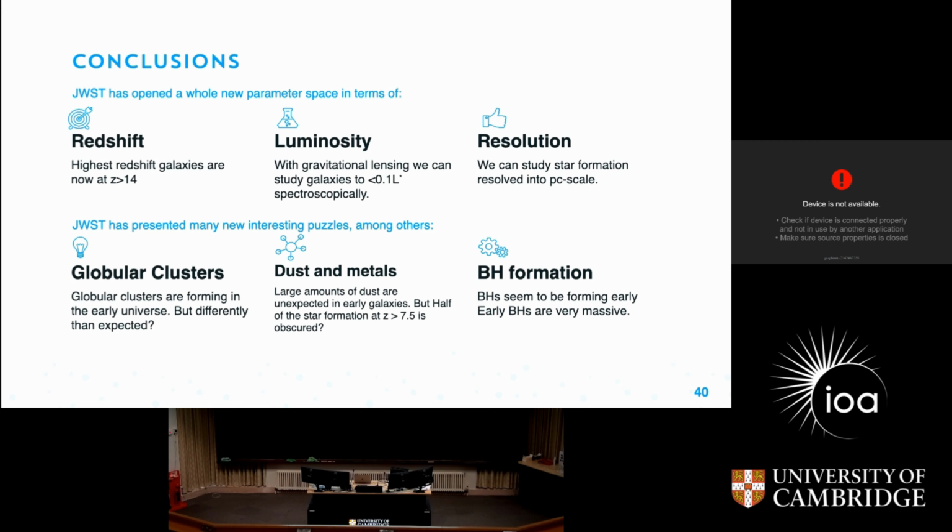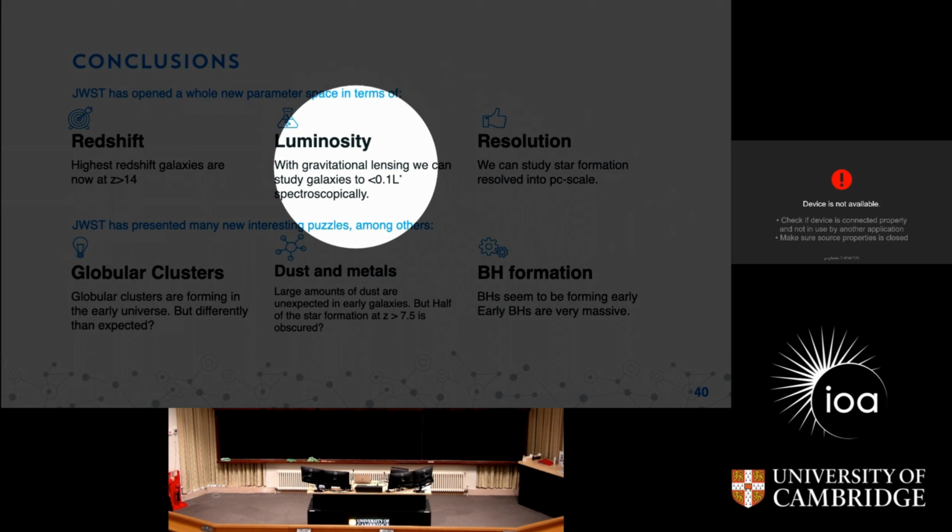JWST itself has opened a whole new parameter space. Obviously, in terms of redshift, we all knew that it was going to break redshift barriers. It's breaking them maybe even as we speak, every month or so you get a new redshift, sometimes even. It's breaking barriers in terms of luminosity as well.